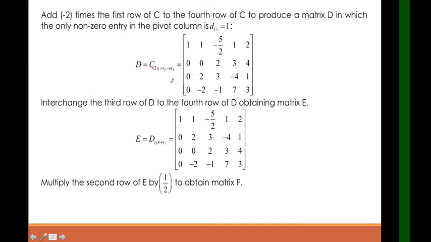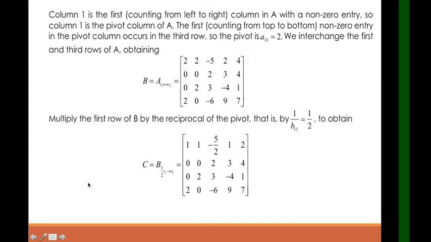Let's go back to C so we know what will happen. Negative 2 R sub 1 plus R sub 4 gives the result, the new R sub 4.